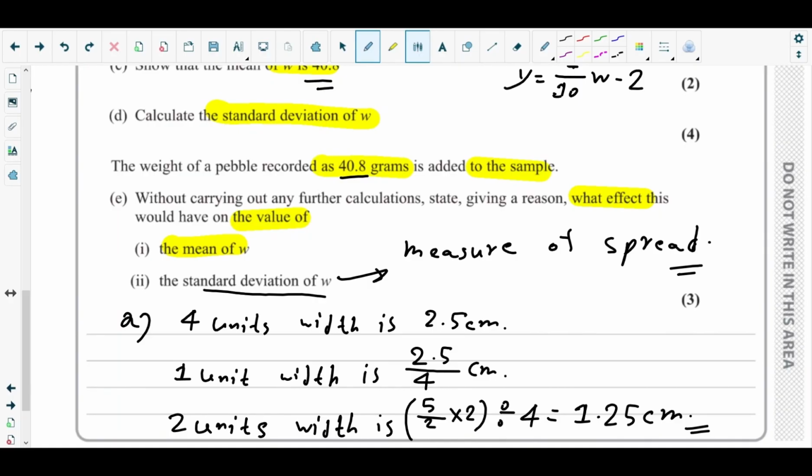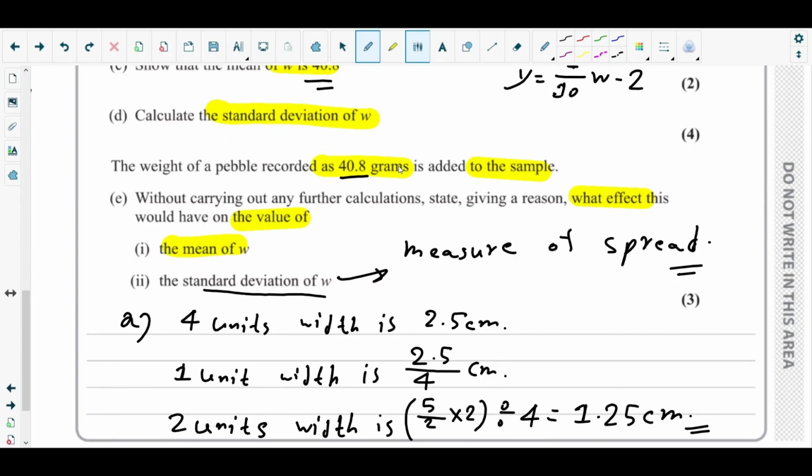Since 40.8 is the same as the mean, and standard deviation considers the spread of the data with respect to the mean, the difference from the mean is 0. Due to the addition of this data, will the spread increase? No, never. It will decrease, because there is no difference between the new added value and the mean.